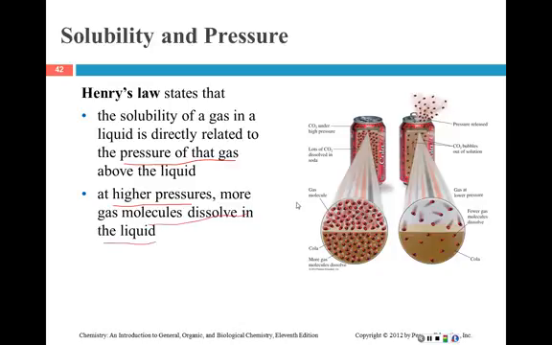So if I put this under pressure and I'm pushing really hard, then I'm going to push these molecules into the liquid, right? So when I open a Coke can, I release that pressure. Then these molecules that were dissolved in the water are going to come up. That's why if you leave that top off for very long, your beverage is going to go flat, because the gas, the CO2, which is in here, is going to escape up through that open top.